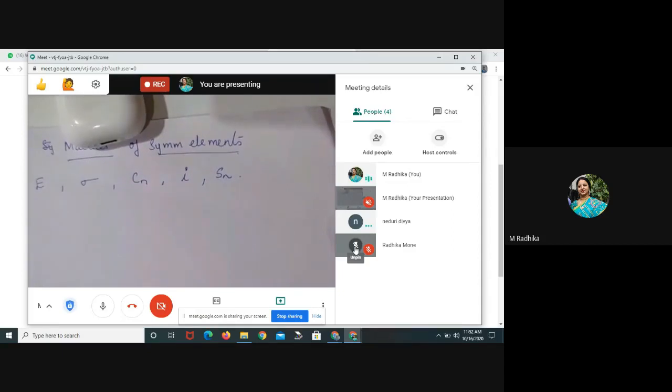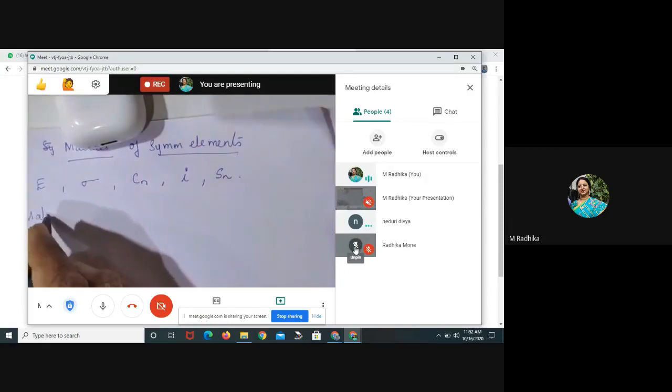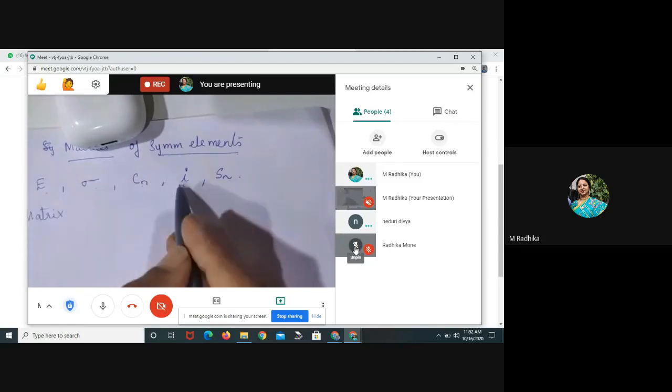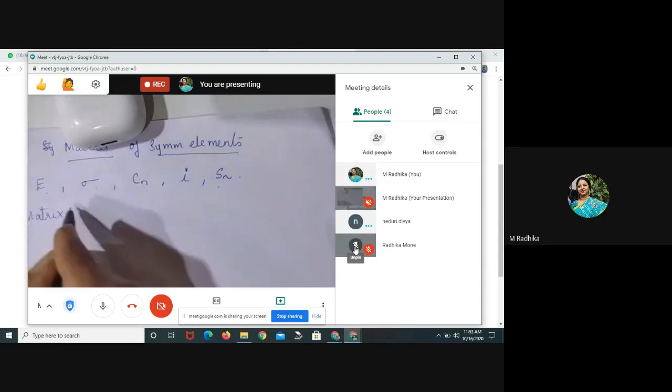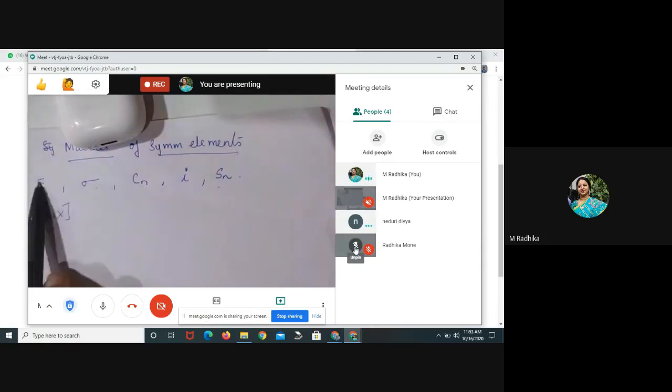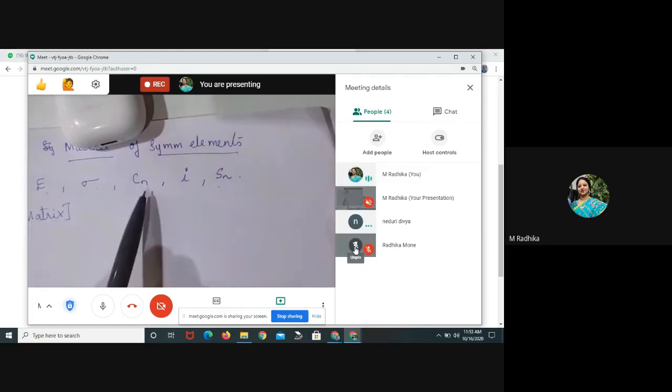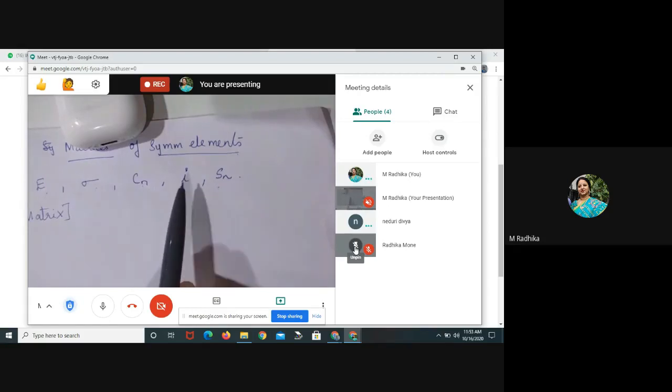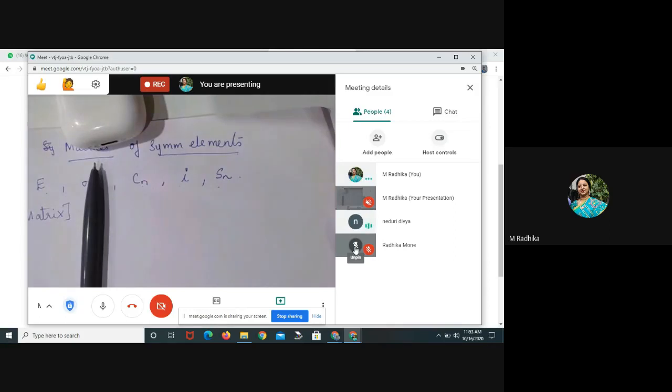In the same way, a matrix can also have all five types, and using matrices you can represent everything. Before going into the details of how identity appears in a matrix, how it behaves for a plane of symmetry, rotation and inversion, we will go to the basic principles of matrices.